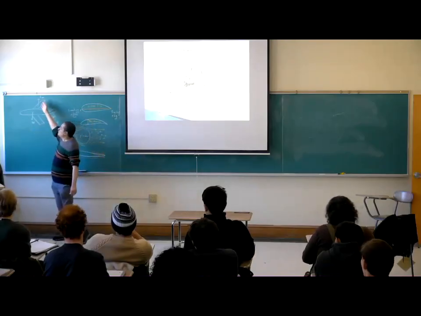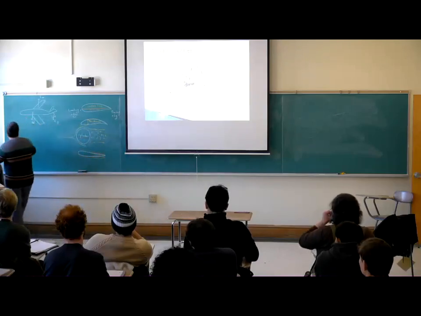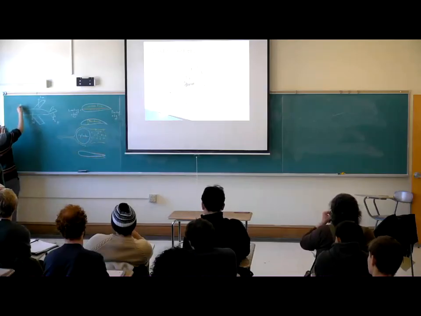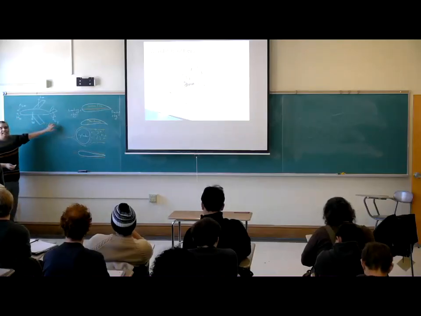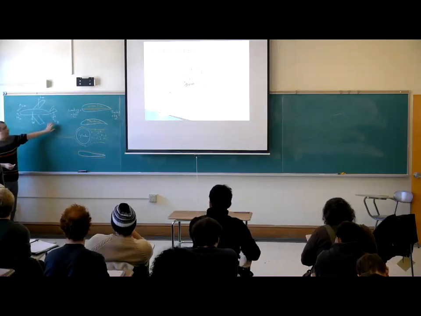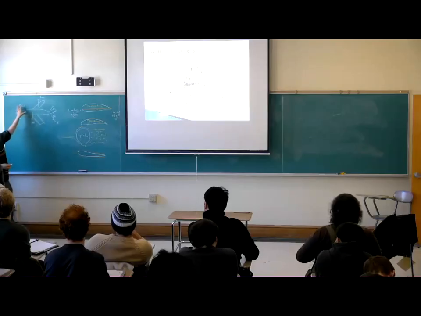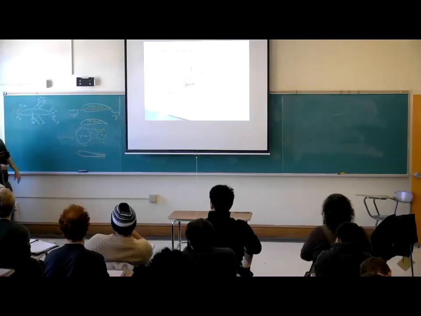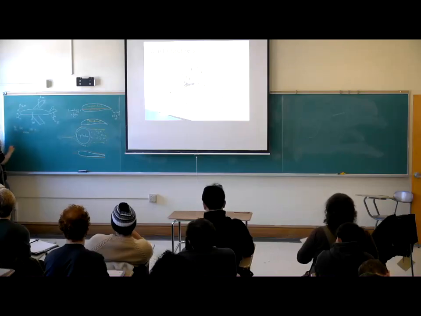Why? Because the lift of the wing has a moment here. So we need a negative force on the tail such that the moment on the nose of the airplane is approximately zero. Sigma M nose should be approximately zero.